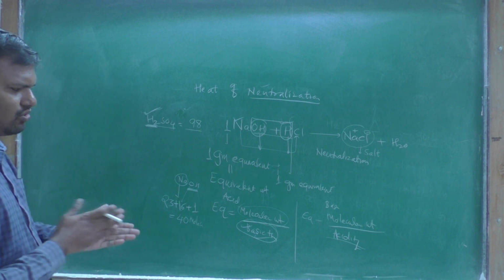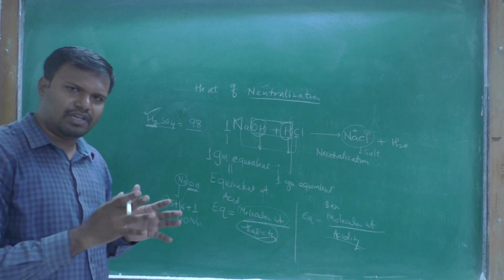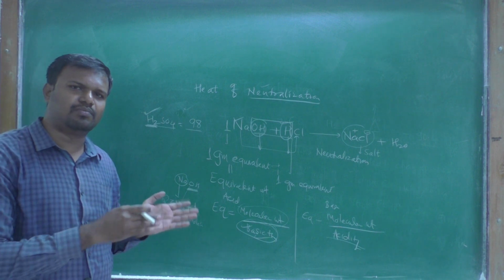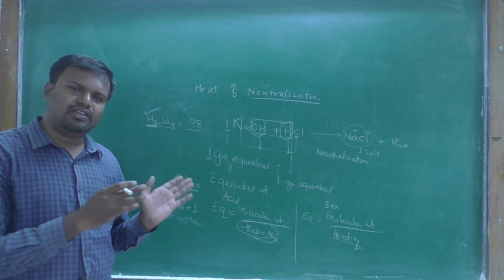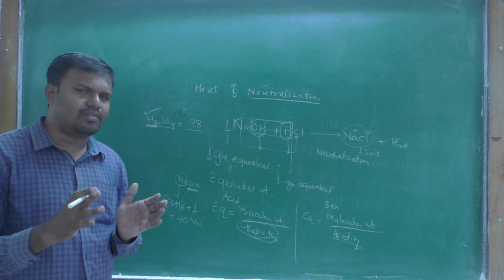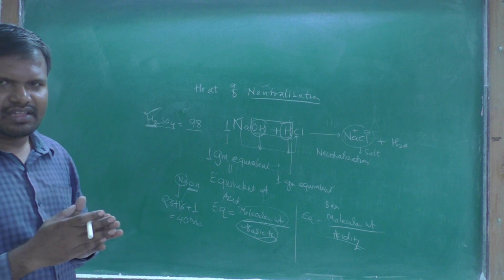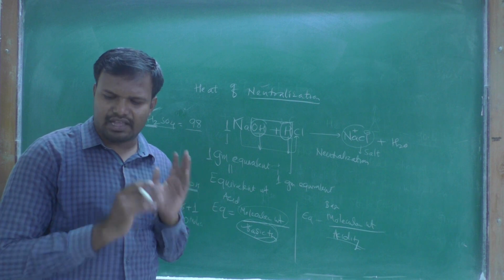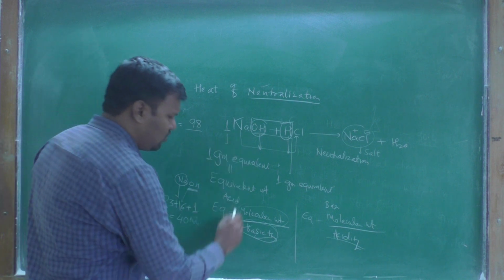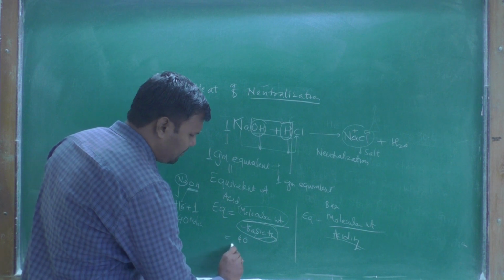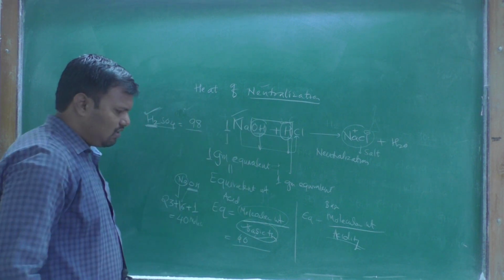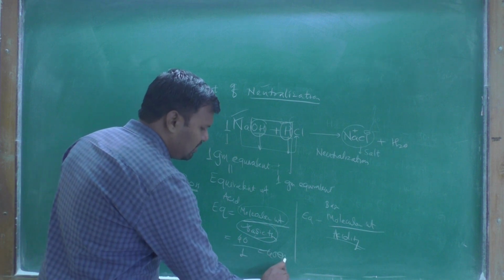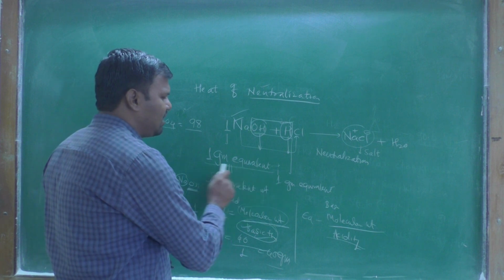Remember, for acid you consider the basicity. Number of OH in base is nothing but its acidity. For example Ca(OH)2, in Ca(OH)2, the OH count is its acidity. For HNO3 only one H is there, its basicity is 1. Like that. Therefore for NaOH it's 40, its molecular weight upon its acidity 1. Therefore 40 gram is your 1 gram equivalent weight.